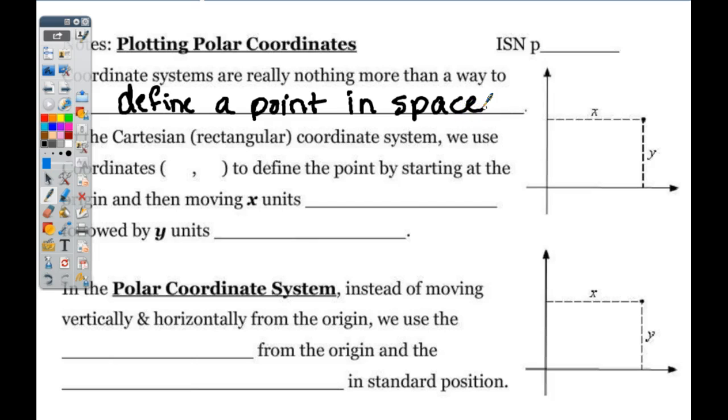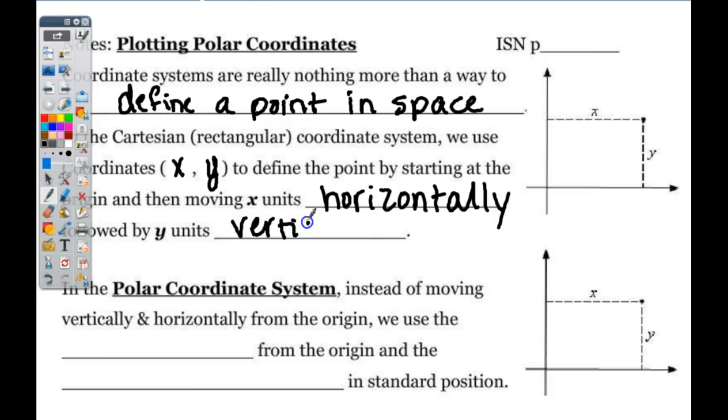The Cartesian or the rectangular coordinate system, we use the coordinates x and y, and x moves horizontally and y moves vertically. So they meet at point x, y. And we call this point the origin, and it's 0, 0.